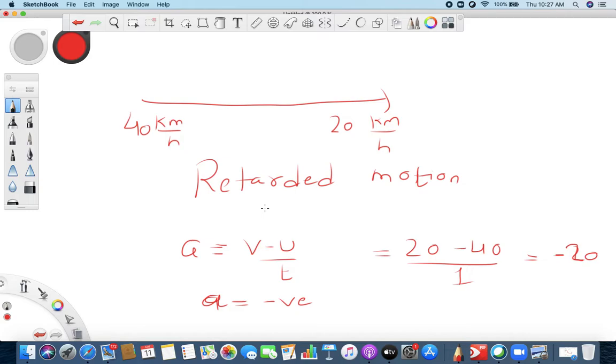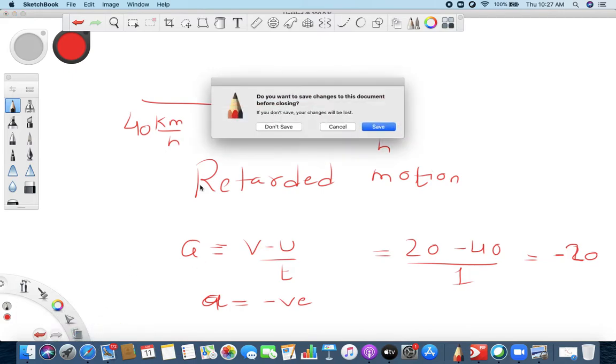Clear everyone? Now we are going to learn that in accelerated motion also, there is uniform accelerated motion and non-uniform accelerated motion. You must be confused: sir, what is that? Let me show you what I was trying to say.